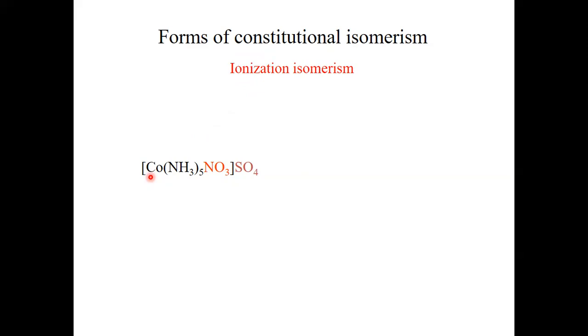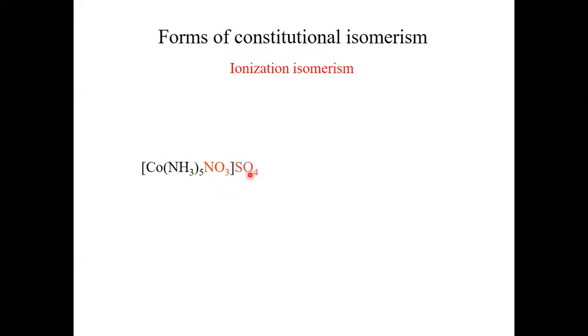In the case of an ionization isomerism, we swap ions that are in the first and the second coordination sphere respectively. For instance, here we have pentaammine nitrato cobalt 2+ sulfate, and you see that here you have a nitrate ligand in the first coordination sphere and a sulfate anion in the second coordination sphere.